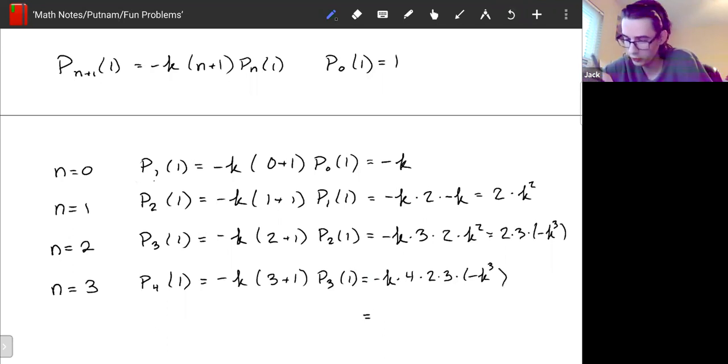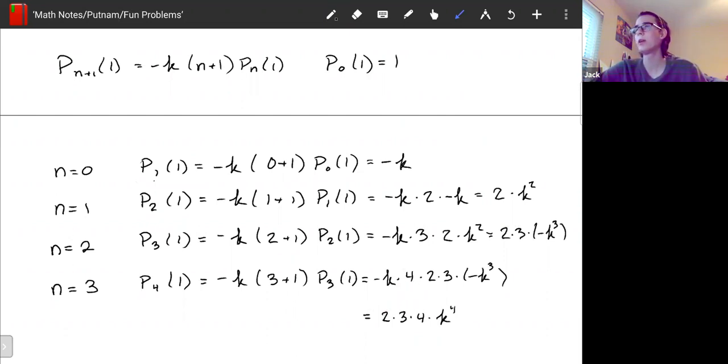And of course, this is just 2 times 3 times 4 times k to the 4th, right? And if we look at this, we sort of see the pattern starting off, right? So here we have a 2, and then we get 2 times 3, and then we have here 4 times 3 times 2.